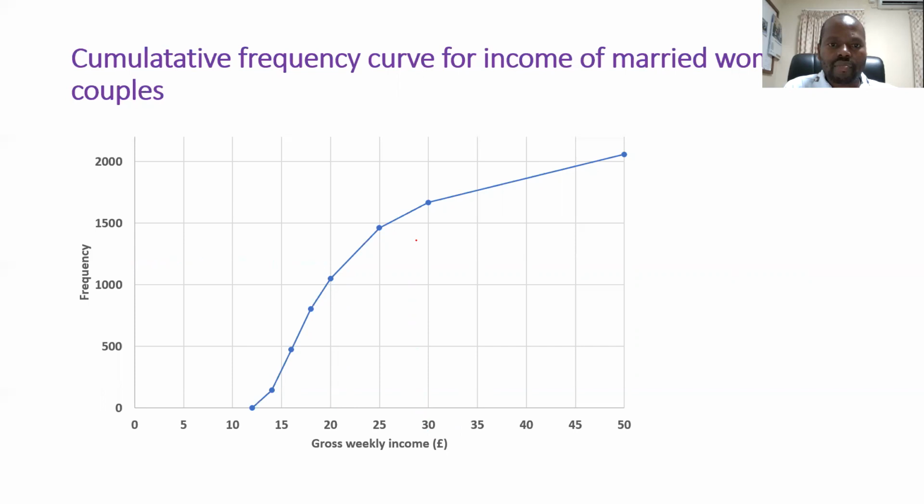If I go up on 28 and then go across this side, then maybe 1,600 approximately. If I had a graph paper, I would be getting exact figures, but 1,600 minus this gives approximately 400.